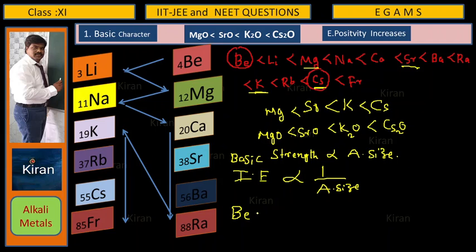Then lithium. Lithium has higher ionization energy than magnesium. Observe, my dear students: for the smaller atom I kept less than, here I am keeping greater than.